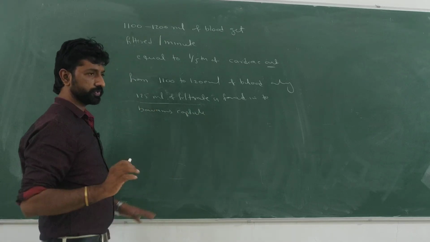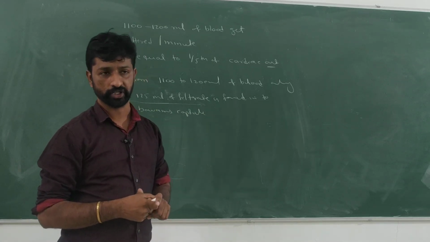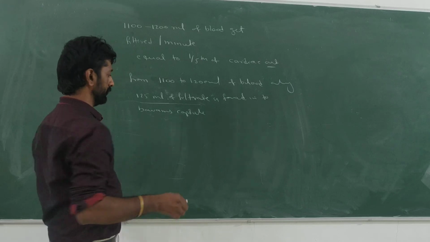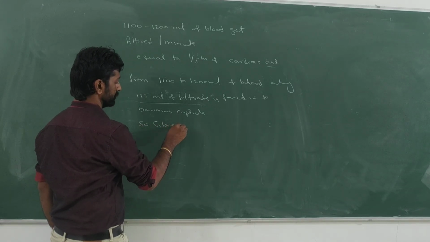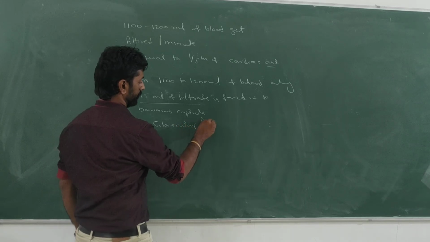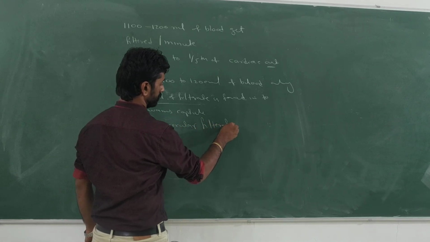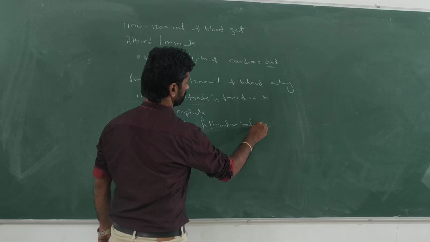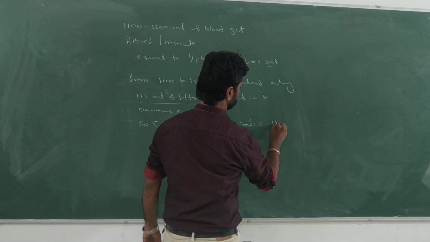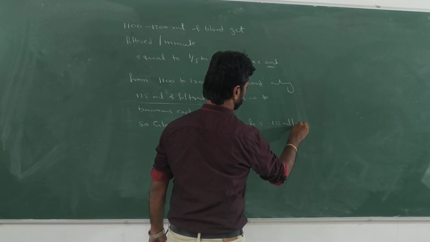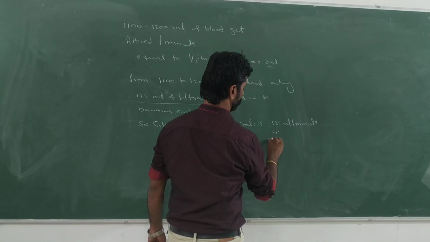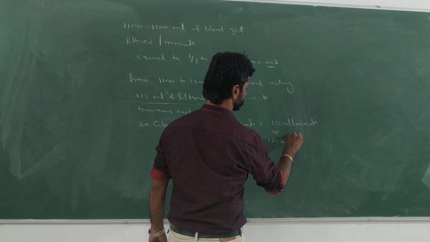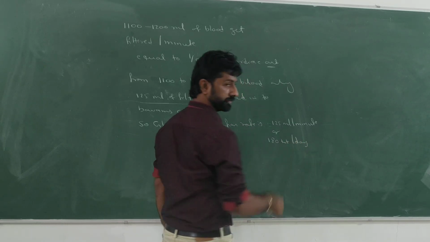This value is called the glomerular filtration rate. The glomerular filtration rate is 125 ml per minute, which is equal to 180 liters per day.